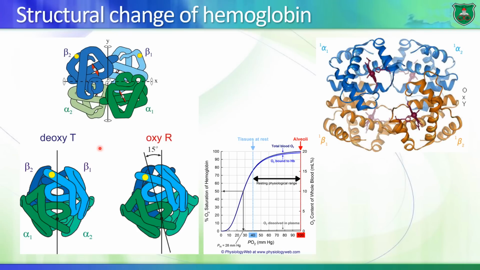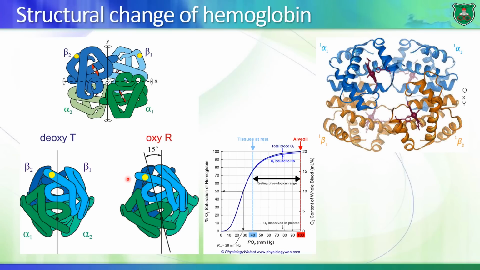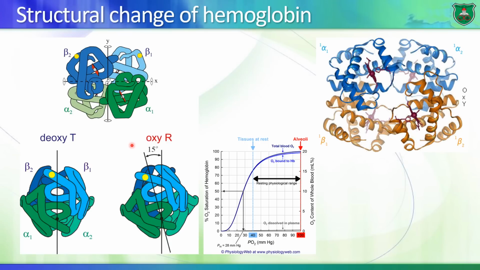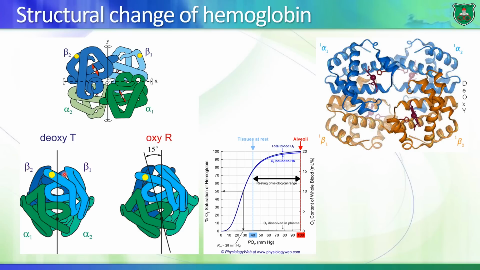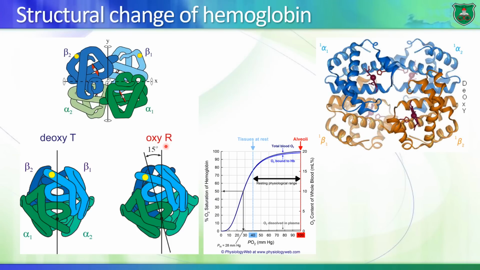These 2 structures not only differ in the orientation or the 3-dimensional position of amino acids, due to movement of the polypeptides as a result of oxygen binding, but they are also characterized by different binding affinity to oxygen, with the T form having a low affinity towards oxygen and the R form having a high affinity towards oxygen.